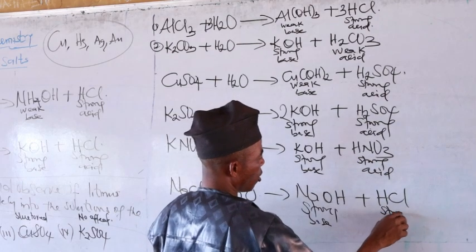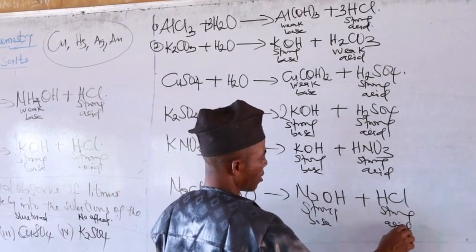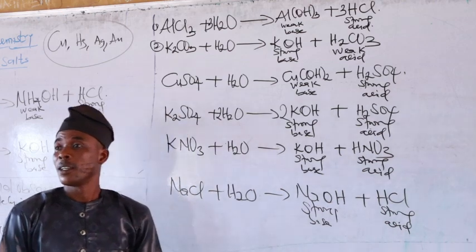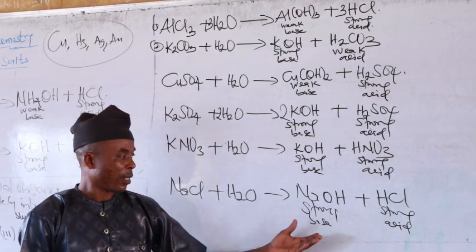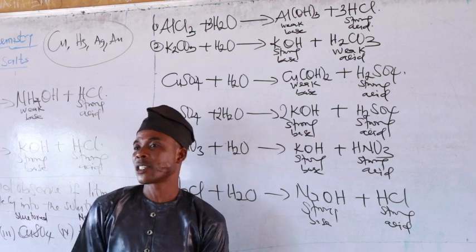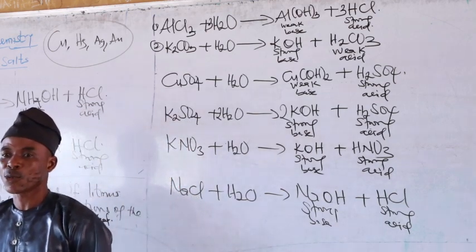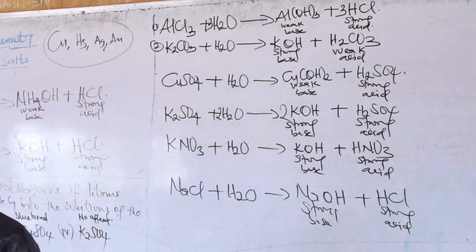HCl is a strong acid. Again, both acid and base are strong. The solution of the salt is neutral, so it has no effect on the litmus.